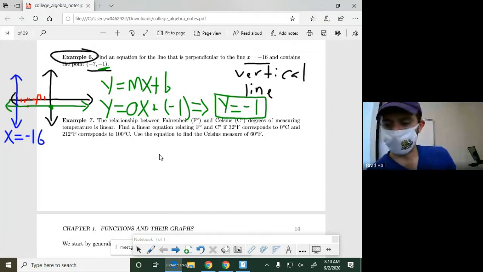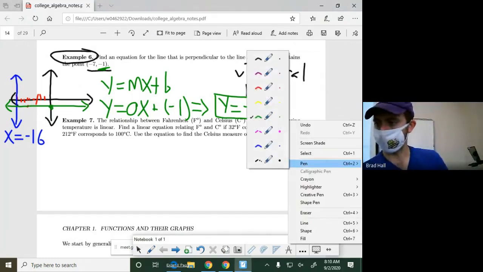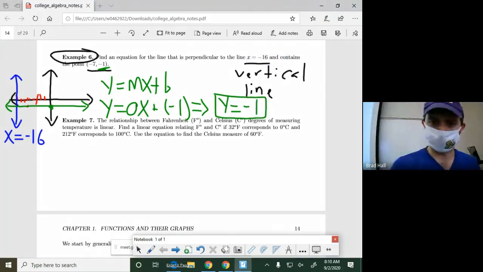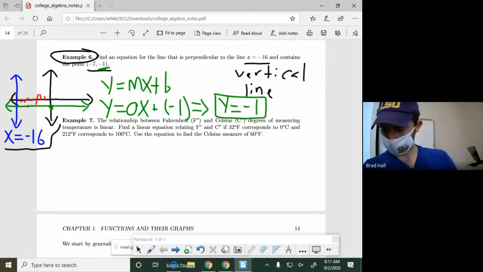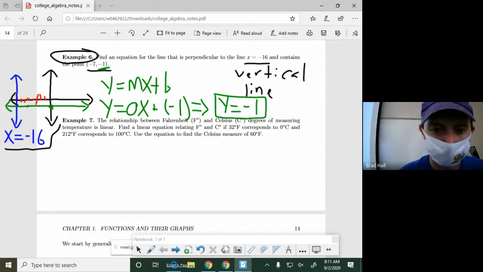And so what they give us here, they actually give us a rather large plethora of information. So they're telling us that 32 degrees Fahrenheit corresponds to 0 degrees Celsius.